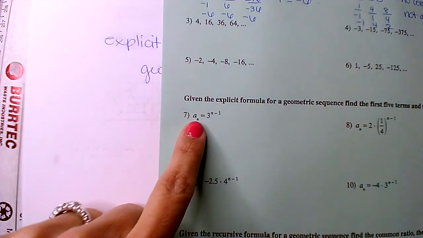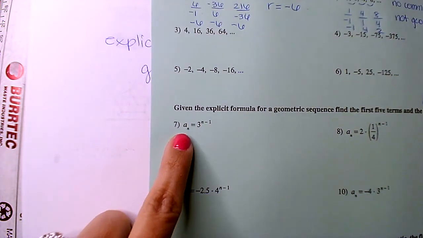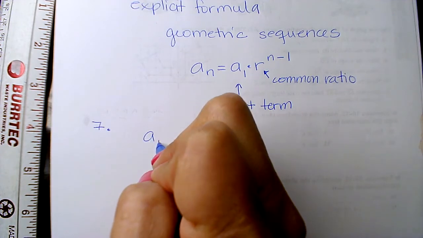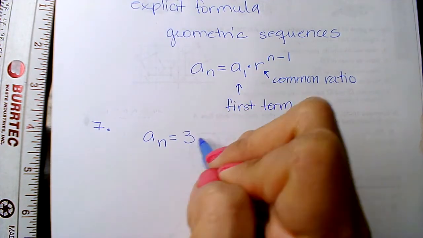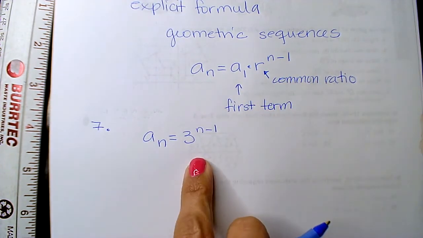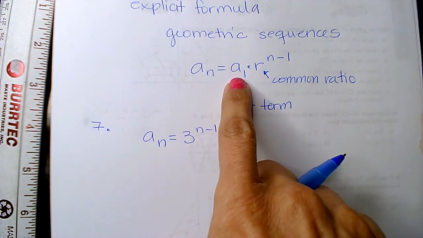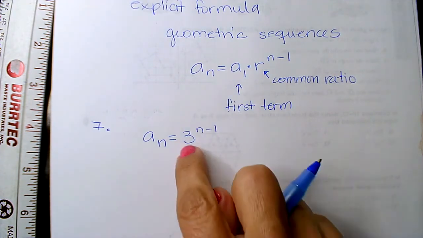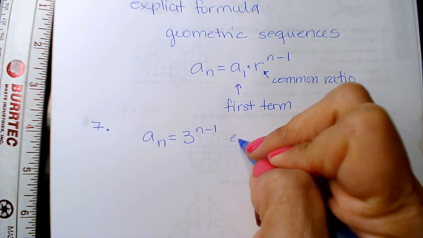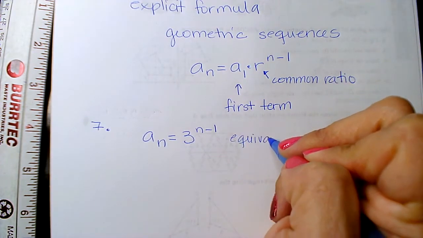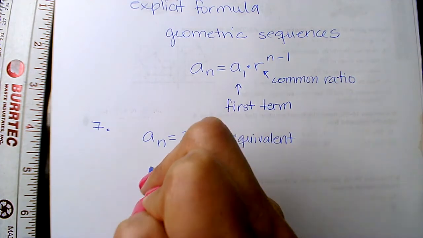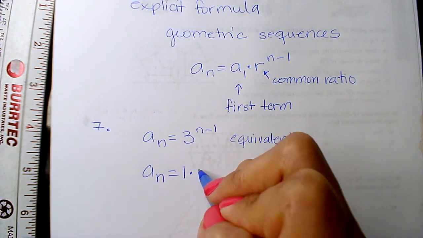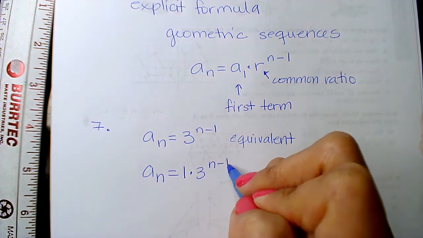Okay, so let me copy 7 here, from the sheet. For those of you that are like, wait, where's my A1? It's not even here. It actually is. This is equivalent to the initial term, which is 1, times 3 to the n minus 1.